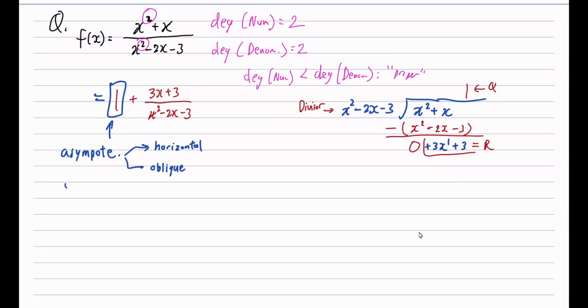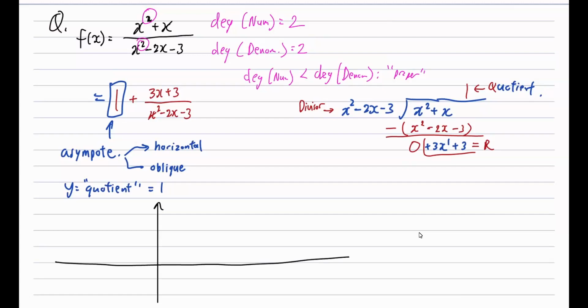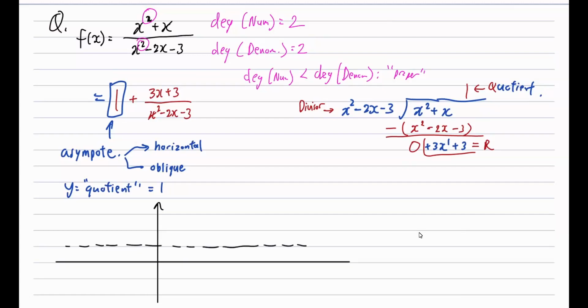So you just take y equals the quotient. Quotient is the answer. In this case, it's y equals 1, so it's a horizontal asymptote. So what you do is you draw the y-axis, you draw the x-axis, you draw y equals 1.